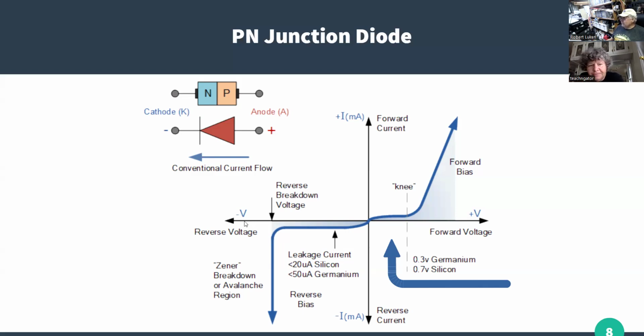And we purposely use them in reverse, and they can manufacture them so that the breakdown voltage is very precise. You can get a Zener diode that conducts at 9.2 volts if you want. And we use those as voltage reference sources a lot. But the typical diode is going to operate over here on the right-hand side.